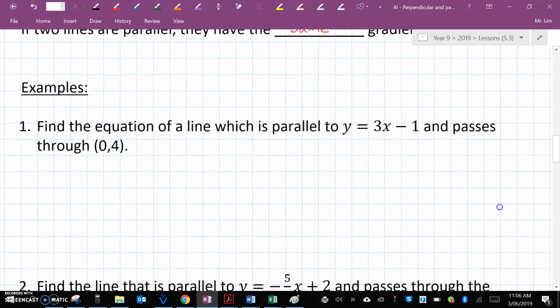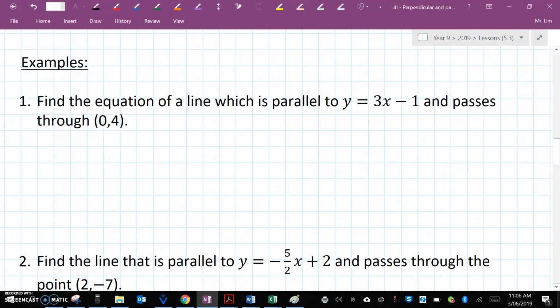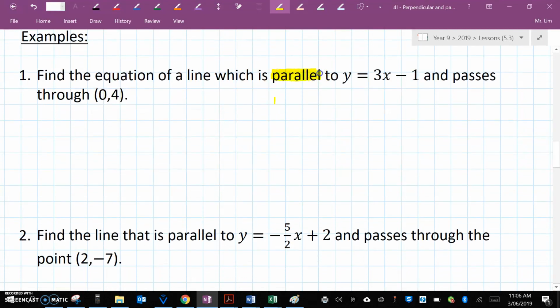Let's have a look at an example. Find the equation of a line which is parallel to y equals 3x minus 1 and passes through 0, 4. Well, we know that they are parallel. Parallel means they have the same gradient. According to this line, the gradient is 3. Therefore, the gradient of the parallel line is also 3. So we set up our working, y equals mx plus b. Here's our x, here's our y, because it's going to pass through those 2 points.